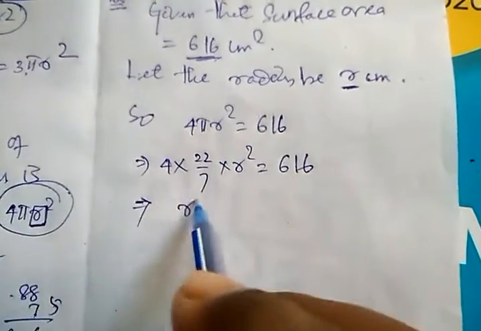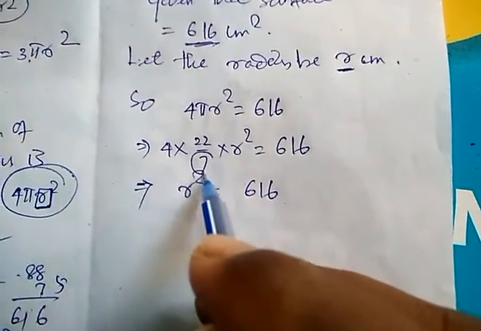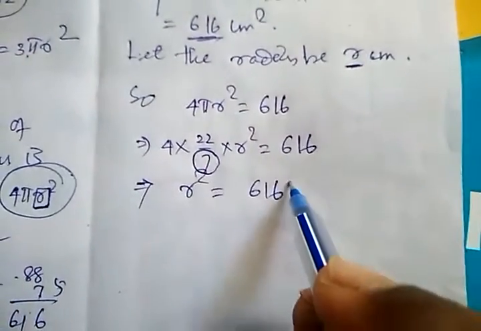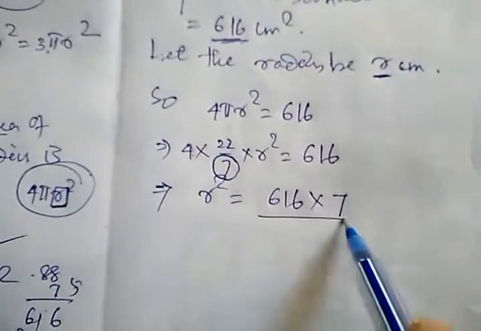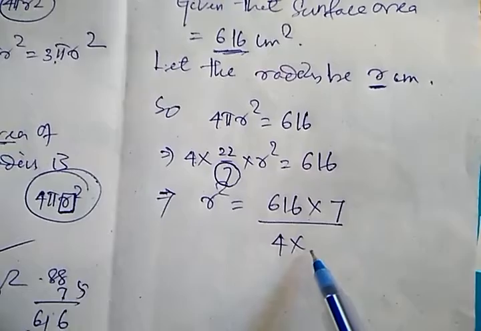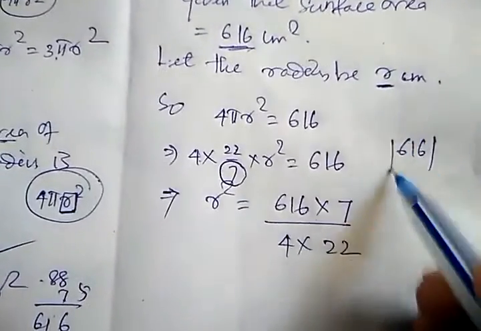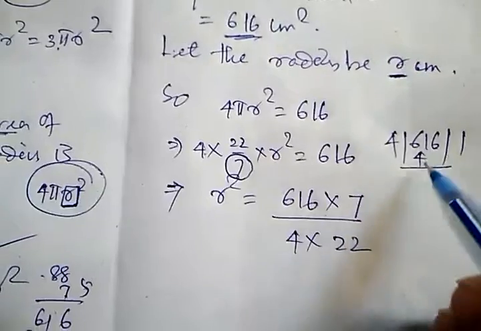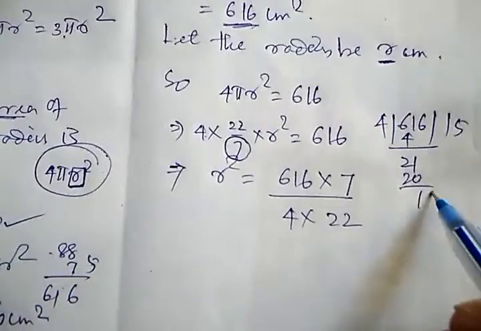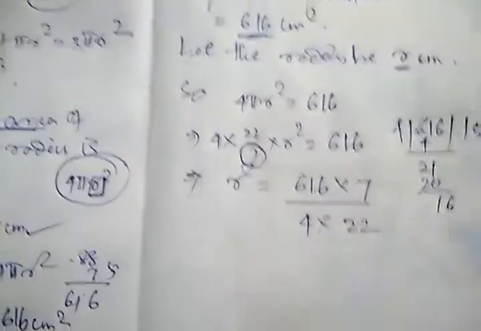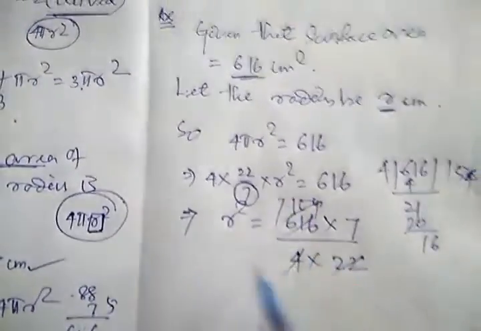So this implies r square equals 616, and 7 is the denominator, so that is multiplied, and 4 and 22 in the numerator will be divided, that is 4 into 22. Now divide 616 by 4, that is 154, and 22 cancels 154, giving 7.